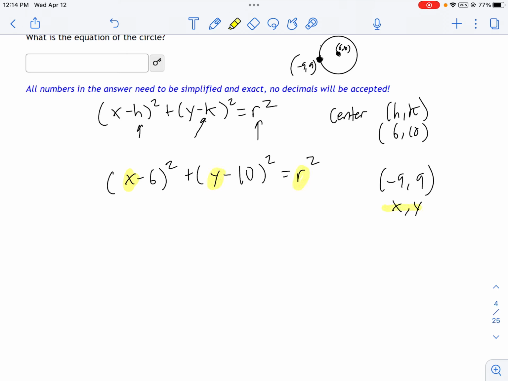And if we know that at this point we have -9 and 9, that is our x and y, that leaves only one variable left, r, the radius. So we have (-9 - 6)² + (9 - 10)² = r². And you'll notice that, bam, this is most of the legwork because there's only one variable left. All you have to do is simplify the numbers that you have and you're good to go.